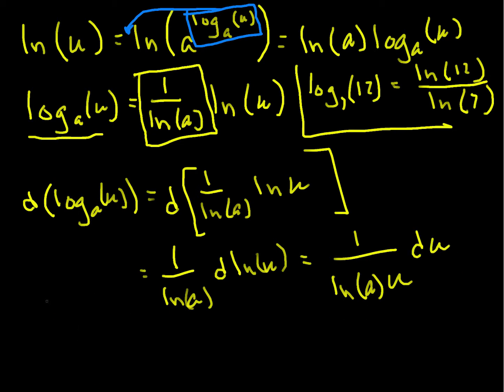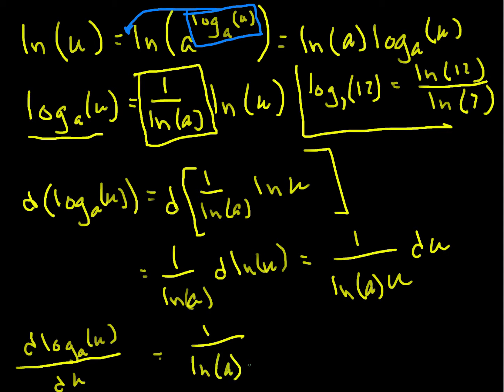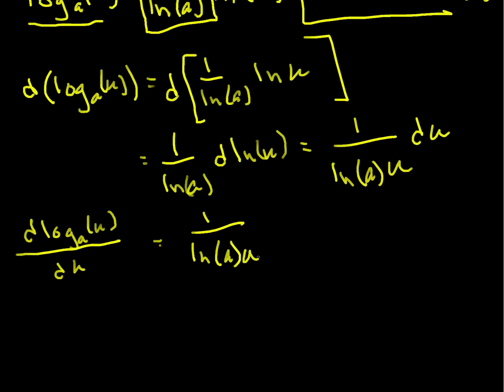So the derivative of log base a of u is 1 over natural log of a times u. Fantastic. And now that we have logarithms, we can compute the derivative of exponents.